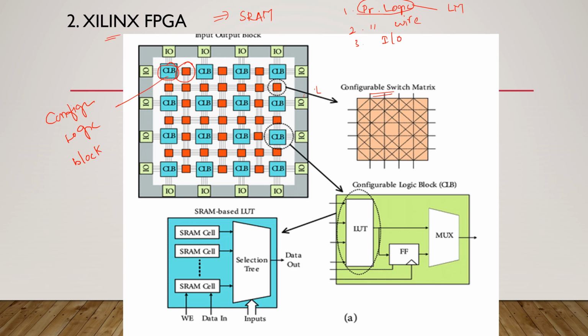Inside the CLB, we have a lookup table, a flip-flop, as well as a mux. Inside the lookup table, it is based on SRAM, as I already told you. On the input side we have the SRAM cells, and the multiplexer will select any one of the inputs based upon the control signal and provide only one data.